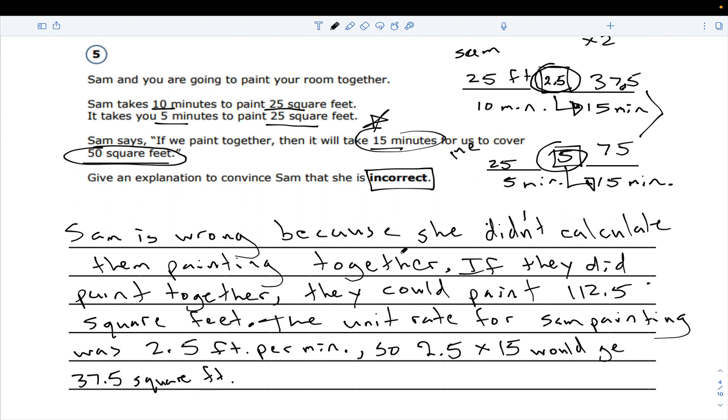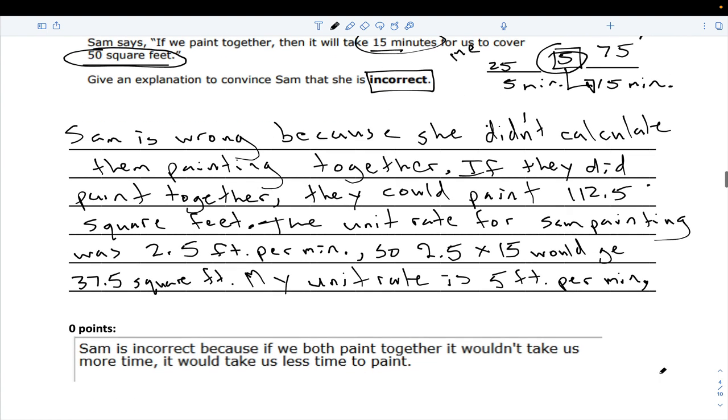Okay. We would then finish it off and just prove what my square footage is. My unit rates would be 5 feet per minute, totaling 75 feet.